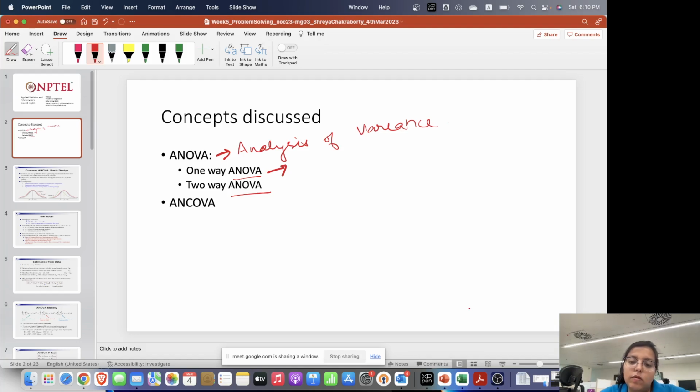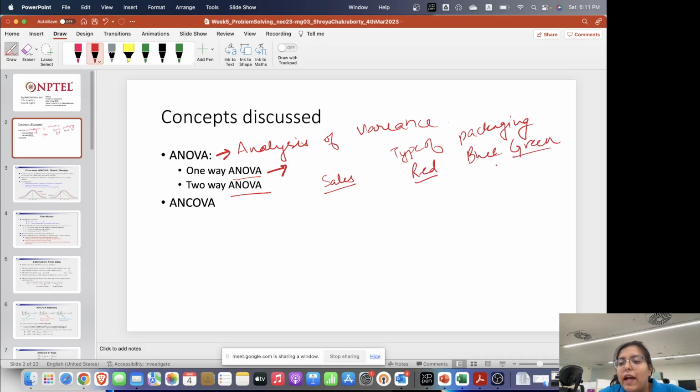Okay, if I give you an example, let's say I have sales as a data point, and that sales could depend on the type of packaging I'm using. If it is in a red packet, it is getting a higher number of sales than if it is in blue or green packaging.